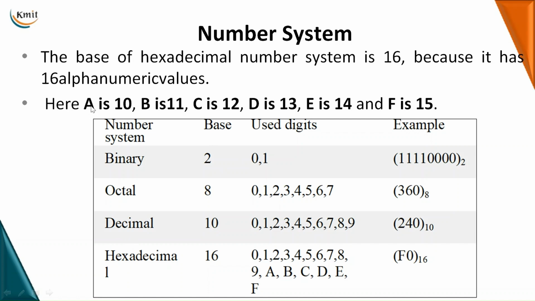Here, A represents 10, B 11, and then 12, 13, 14, 15 for the alphabets. This table gives a detailed explanation of the number systems, their bases, and the digits used in each, with an example.